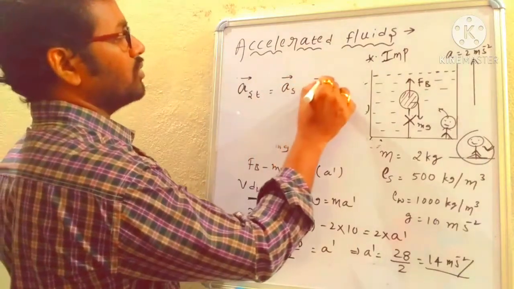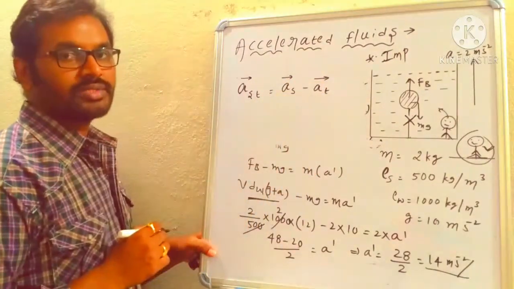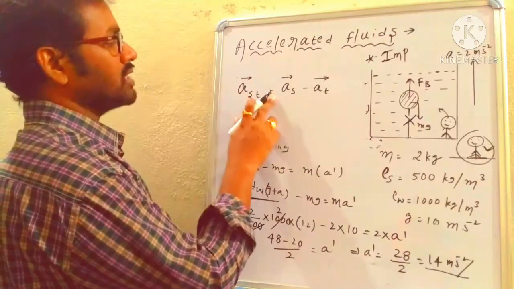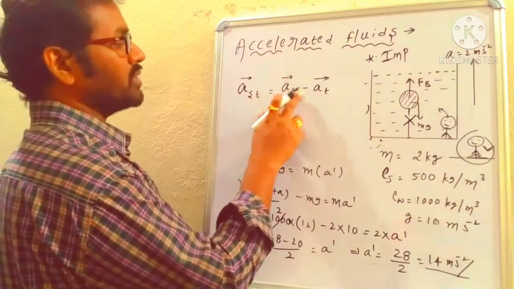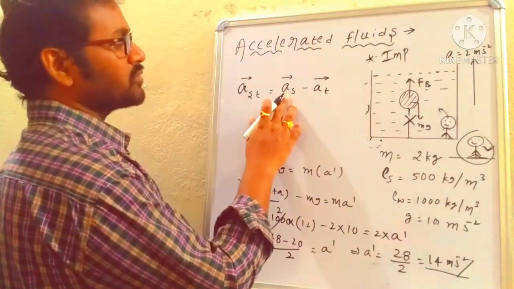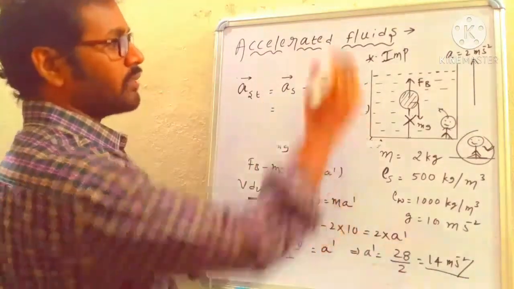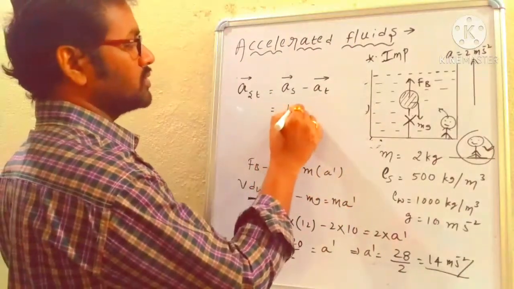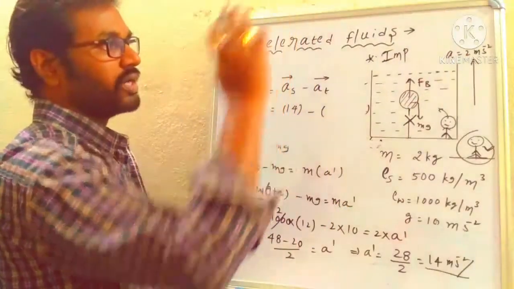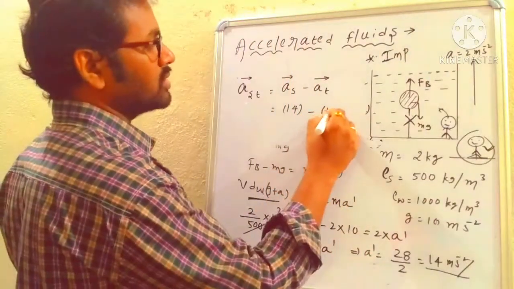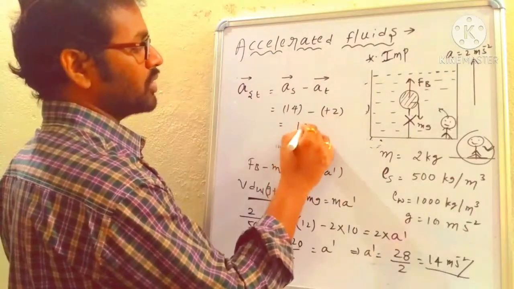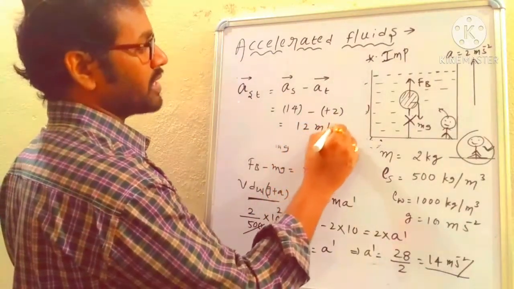This is a relative acceleration concept. a of S with respect to the tank is equal to acceleration of the sphere minus acceleration of tank, which is equal to acceleration of sphere with respect to ground we got in the upward direction, take positive. So 14 minus acceleration of tank is also in the upward direction with respect to ground. You take this is also plus 2. That is equal to 14 minus 2, you will get 12 meter per second square.